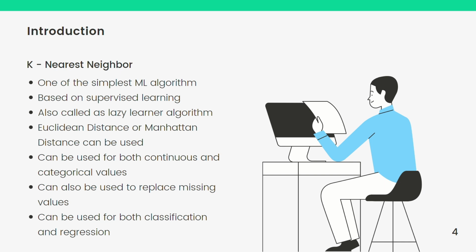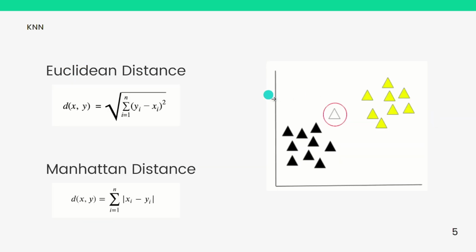Now KNN can also be used to replace missing values. Whenever you have missing values in the data set, you can use the KNN algorithm to fill in these missing values, and it can be used for both classification and regression. So let us see what Euclidean distance is.